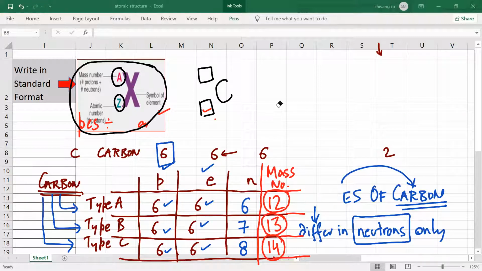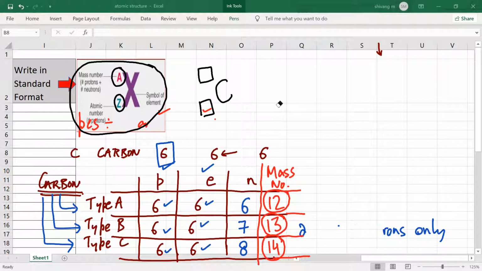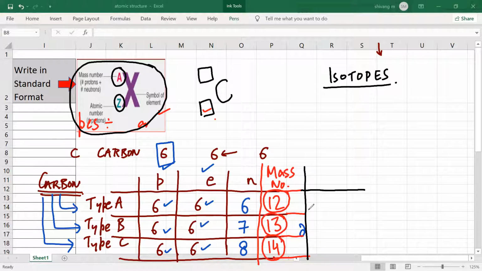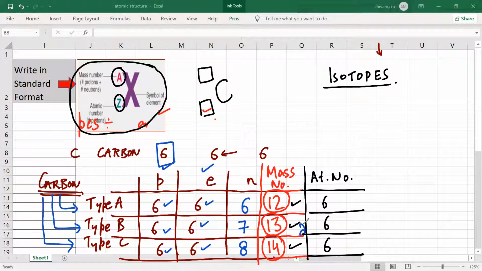For isotopes, the atomic number is the same. The mass number is different. Therefore, type A, type B, type C.